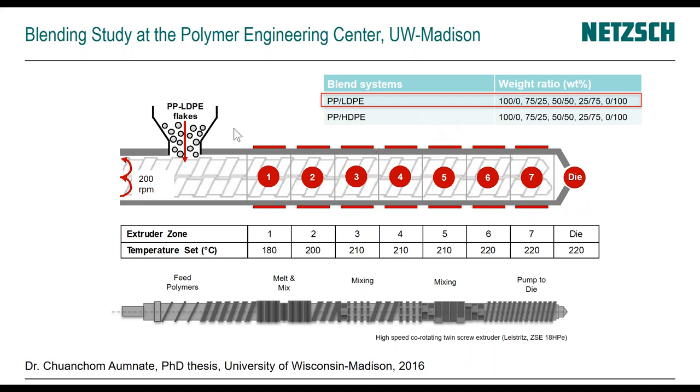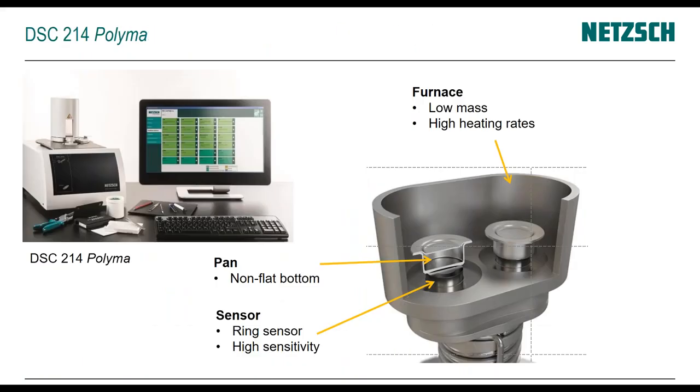So here you see we made artificial blends in different proportions in a twin screw extruder, and then analyzed the resulting blends. We used virgin material, regrind, a combination of the two, and I'm just showing some excerpts from these measurements and analysis.